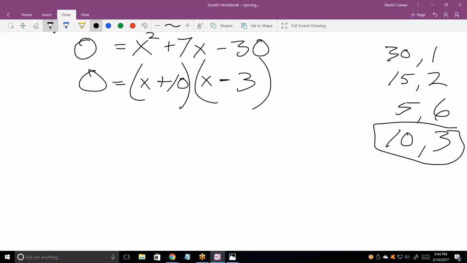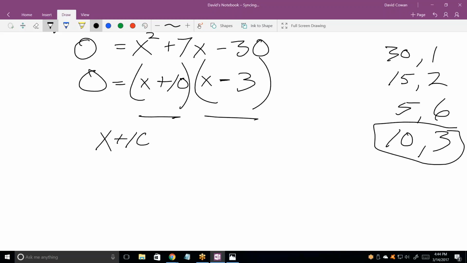What is my solution? If this is a true statement, what is x equal to? What do you mean? Like, how do you solve it? In other words, the reason for factoring, this is probably the most fundamental rule of algebra. And that is that if you can get one thing times another thing and they're equal to 0, which is the case here, then I can set each thing equal to 0.